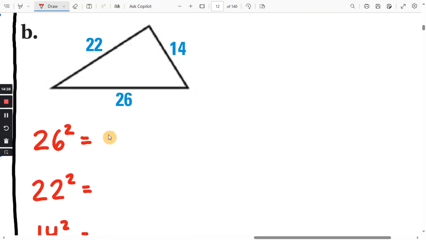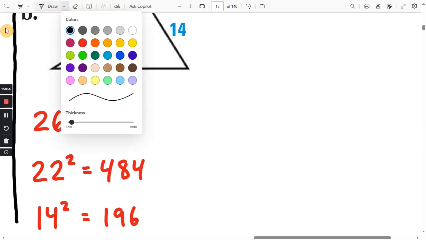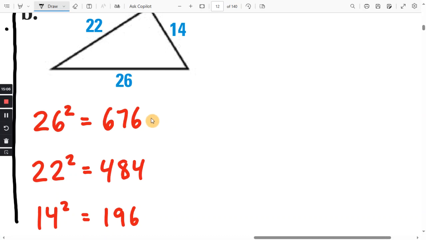Okay, 676, thank you. 22 squared is 484. And 14 squared. Okay, 196.